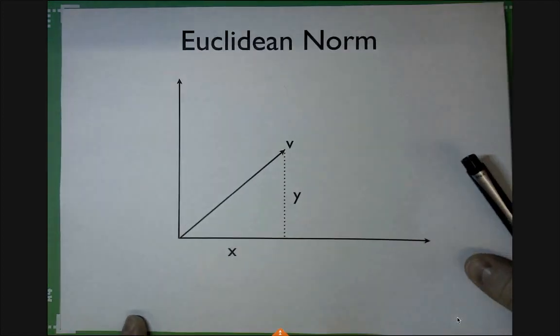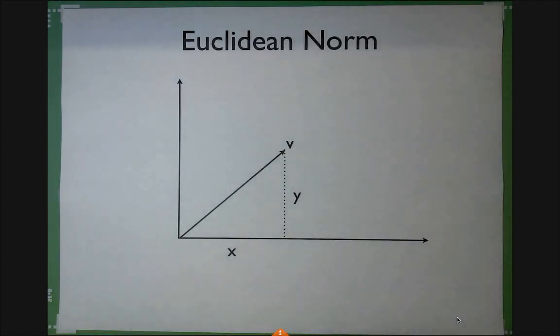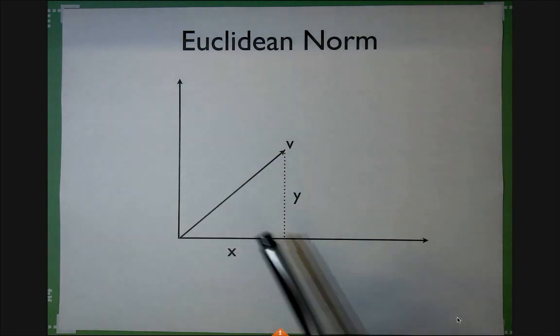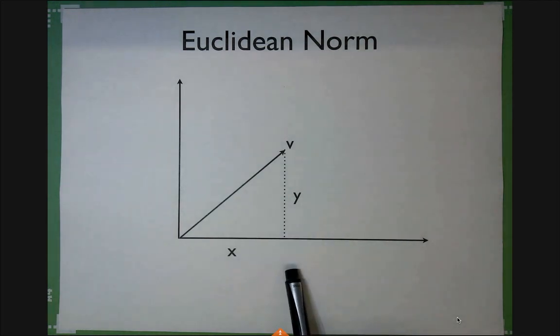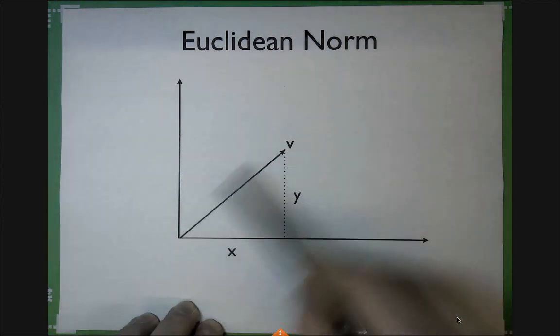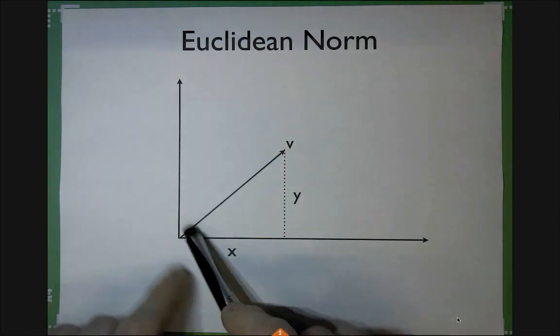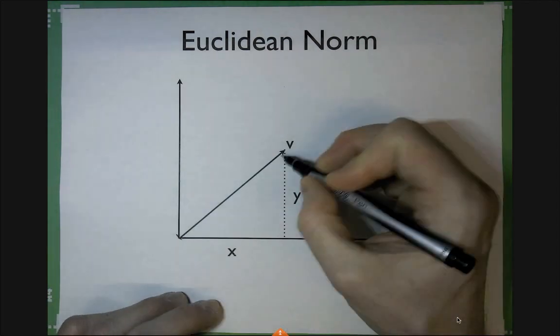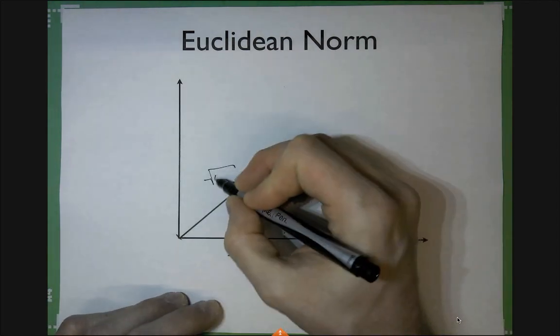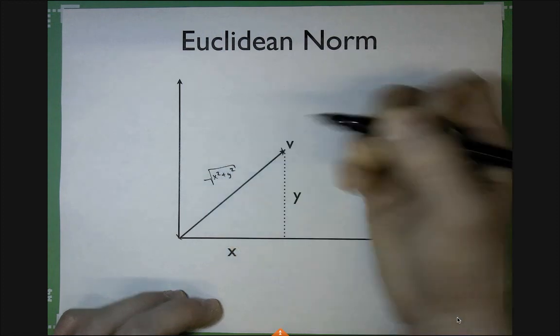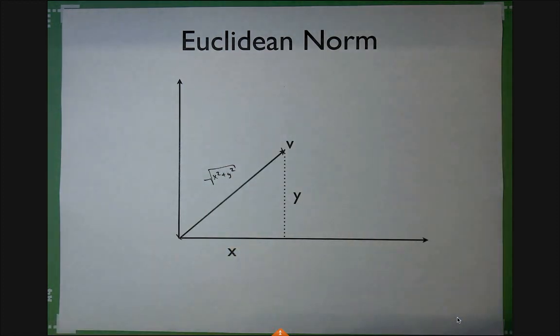Here is a 2D illustration of that. You must have seen this in high school already. So if this is a vector with components x and y, the length of this vector is the square root of x squared plus y squared. Okay.